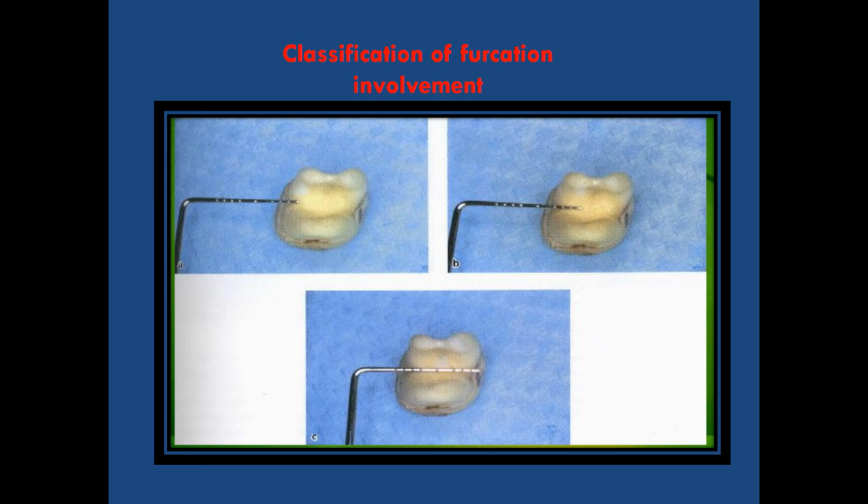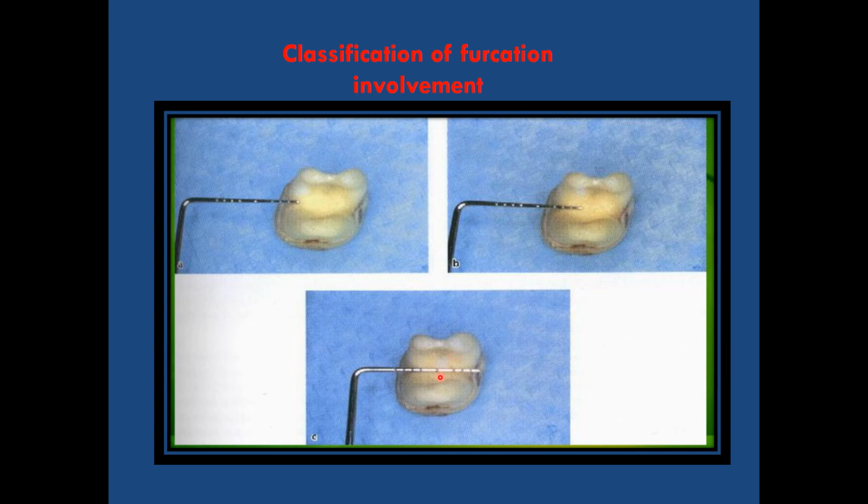The classification of furcation involvement includes three classes. Class 1: the horizontal destruction of the periodontal tissue does not exceed one third of the width of the tooth. Class 2: the horizontal destruction of the periodontal tissue exceeds one third of the width of the tooth, but does not include the whole width of the tooth.